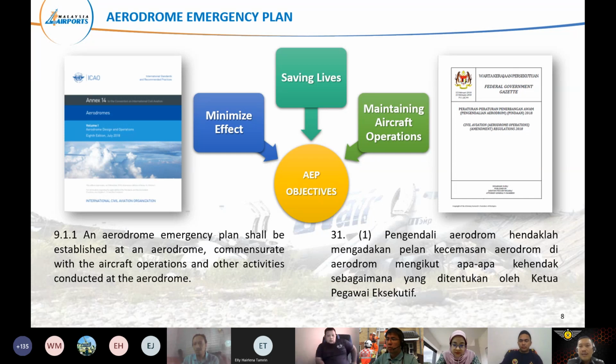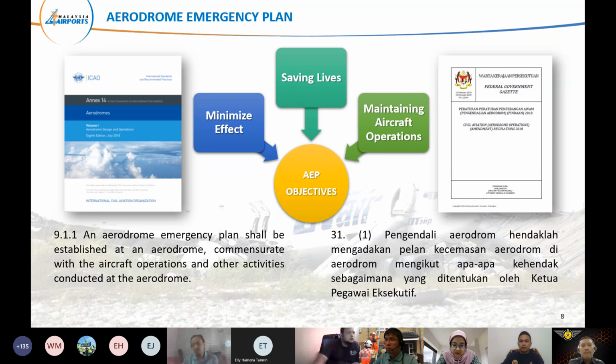As mentioned in our Civil Aviation Regulation, all airport operators shall prepare an aerodrome emergency plan according to the instruction by the Chief Executive Officer of the Civil Aviation Authority of Malaysia.